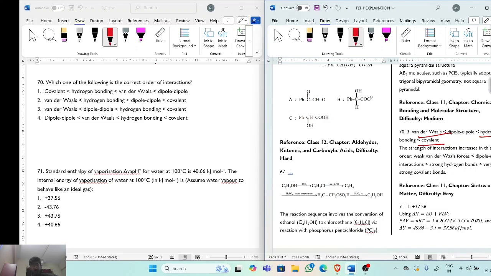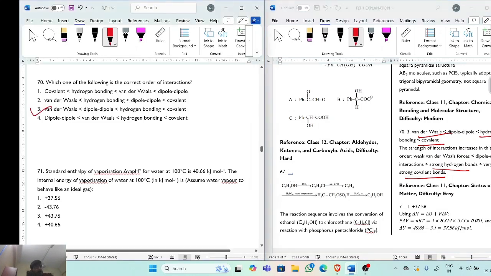We know covalent bonds are formed by the sharing of electrons. So the correct option will be option C.